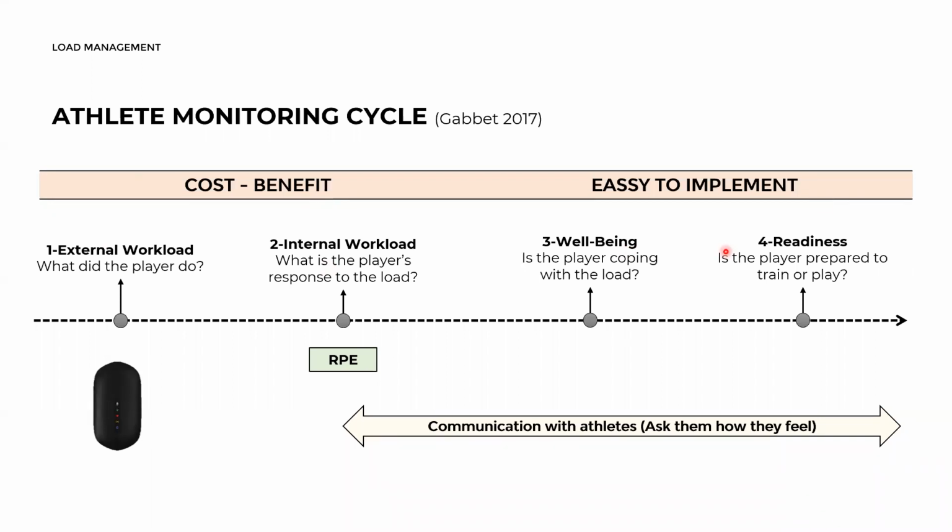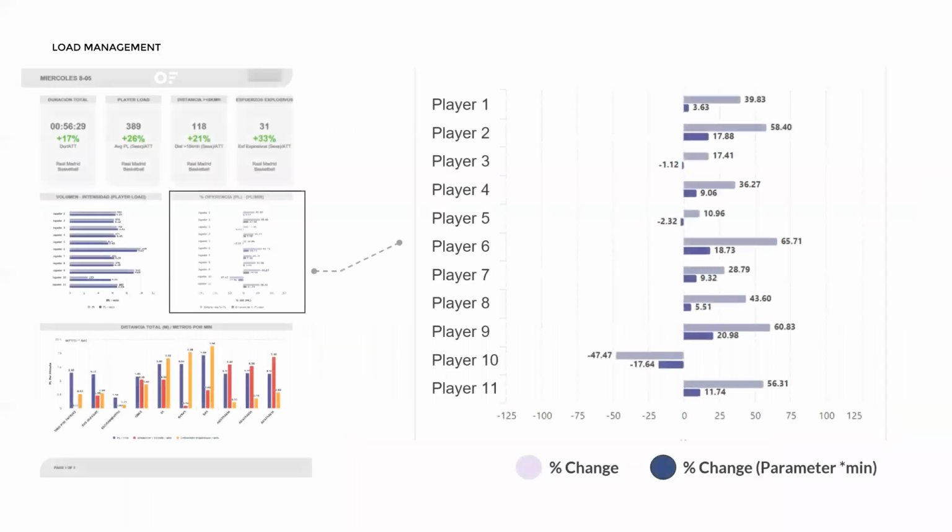In our context, we do it simple, and we actually just use Catapult devices to monitor external load, RPE for internal load, and we try, especially the fitness coaches, to have a lot of communication with players about how they feel. So here you can see one example of our session report.